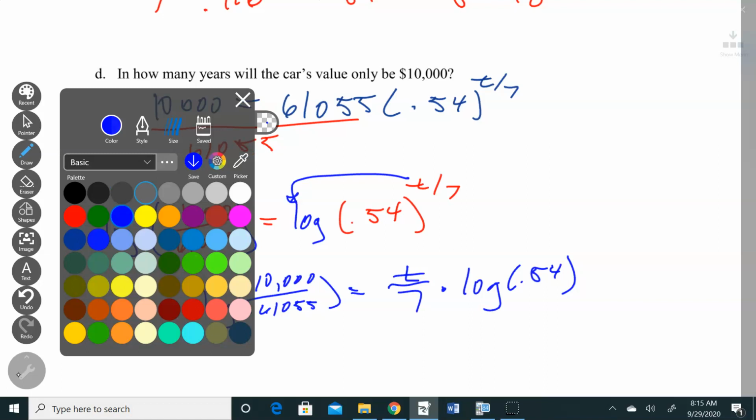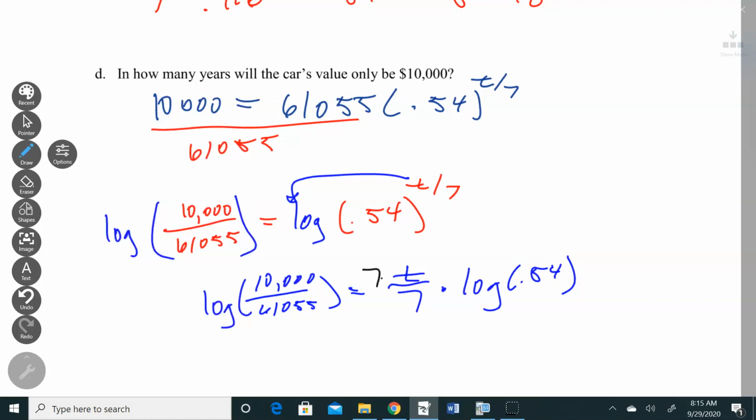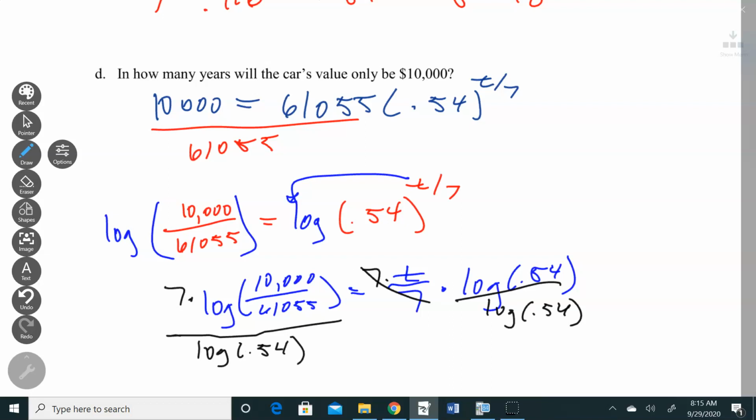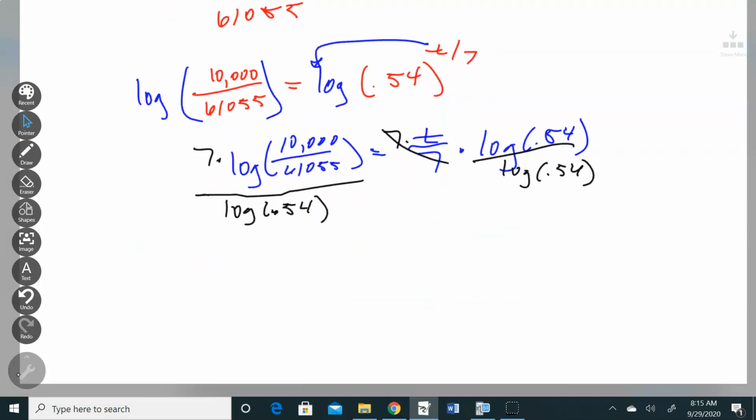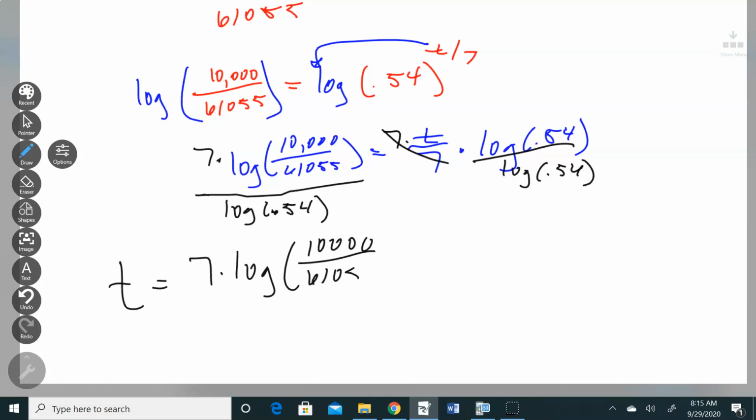So now I have to get rid of the 7 by multiplying by the 7, get rid of this by dividing it out, and now I'm going to put this into the calculator. So t equals 7 times the log of this ugly fraction over the log of 0.54.